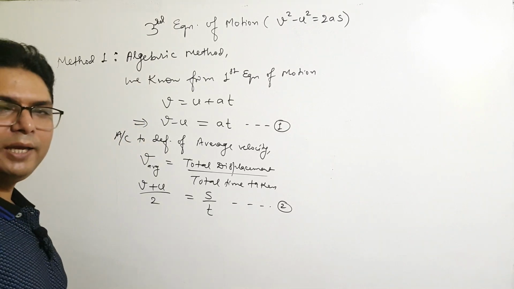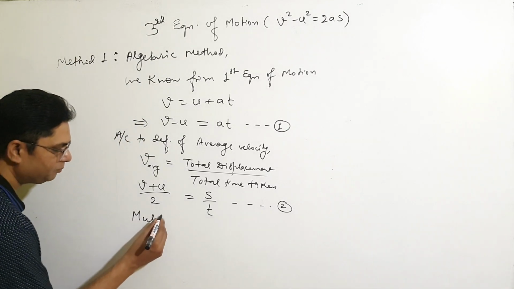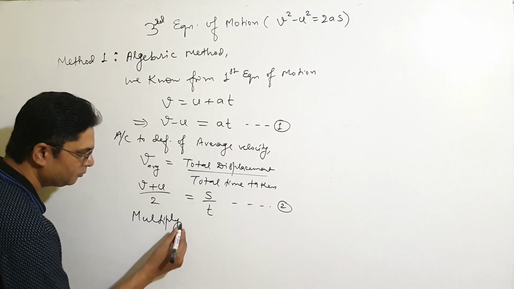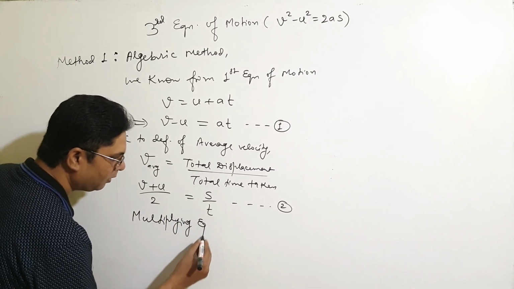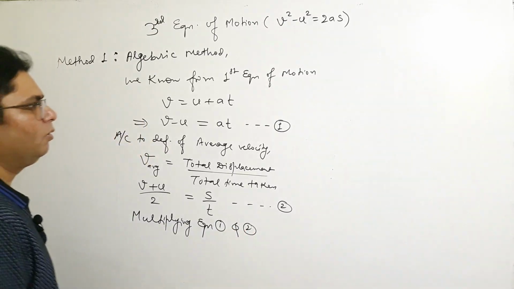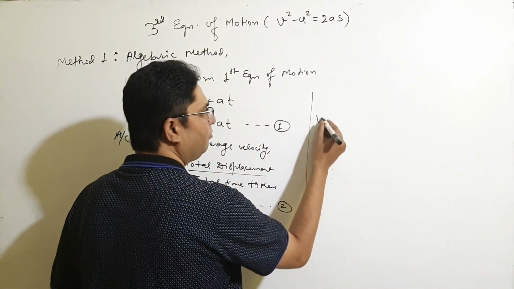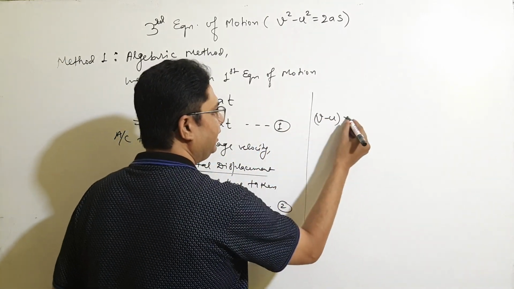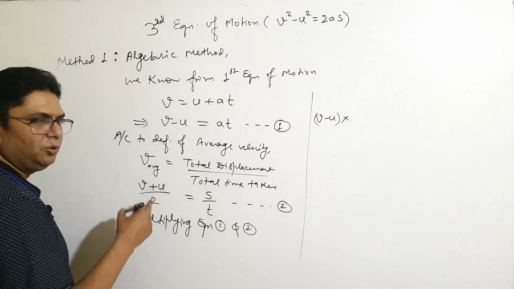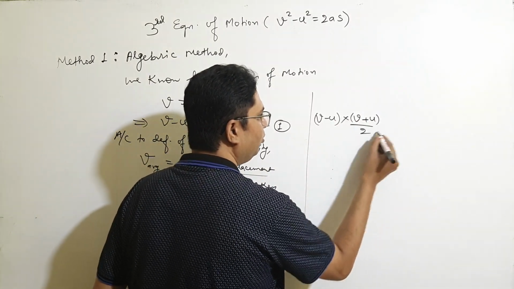Now multiply equations 1 and 2. So multiplying equations 1 and 2, what do you get? On the LHS, you get v minus u times v plus u upon 2.